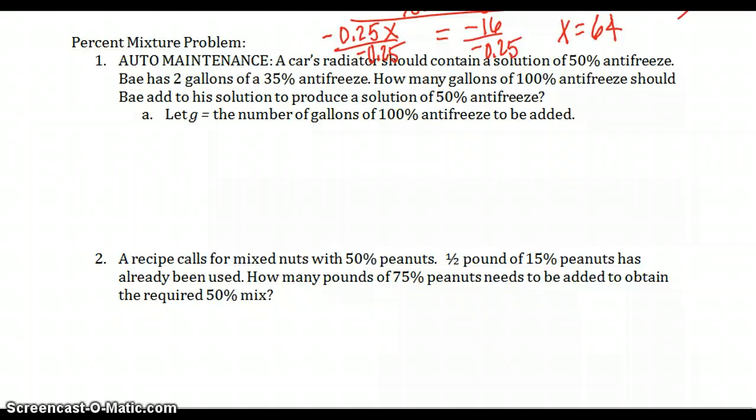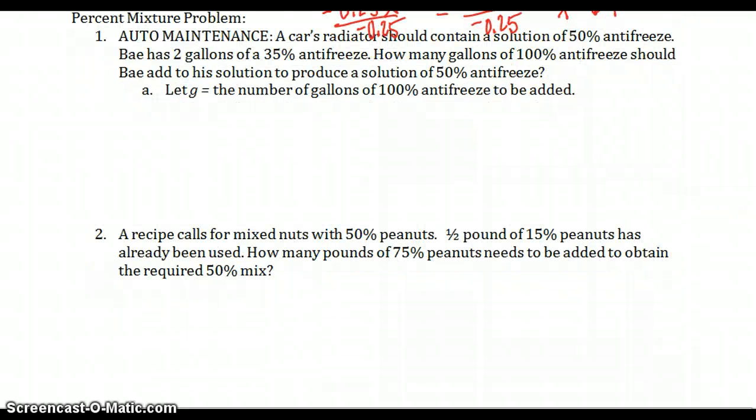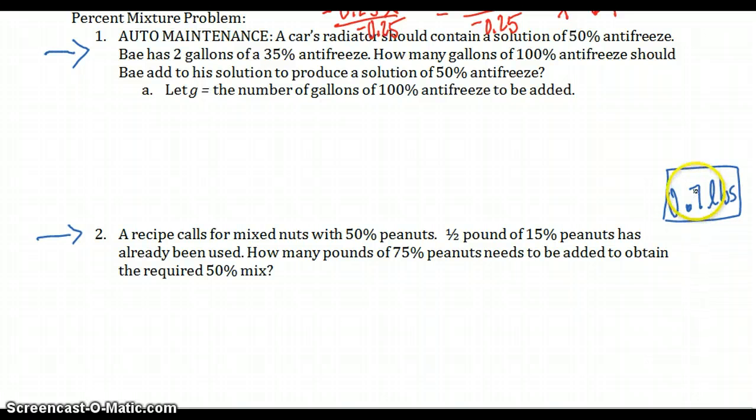And this video is running long, and I'm going to run out of time. I think I'm going to have to make a part 2 of this section. So I'm going to leave the next 2 problems for you to attempt on your own. I'm going to give you a hint. The outcome here is 0.7 pounds. That's the correct answer to number 1.